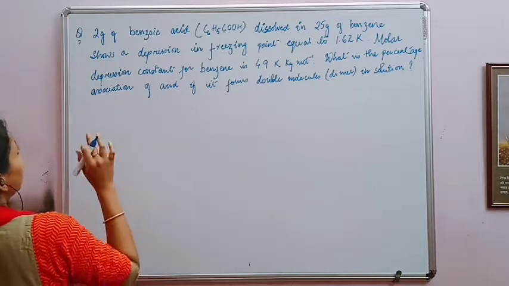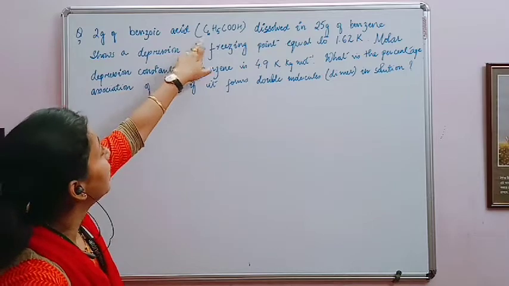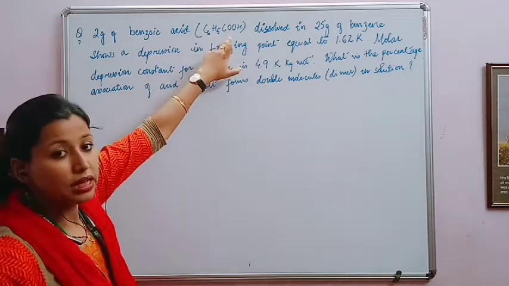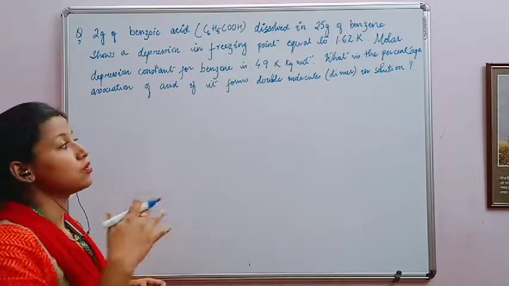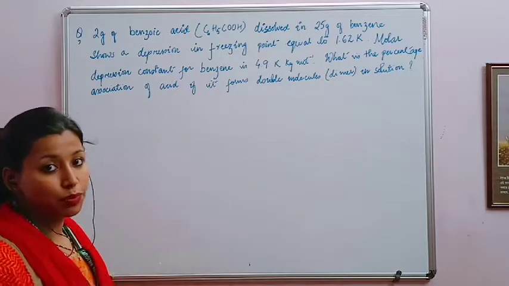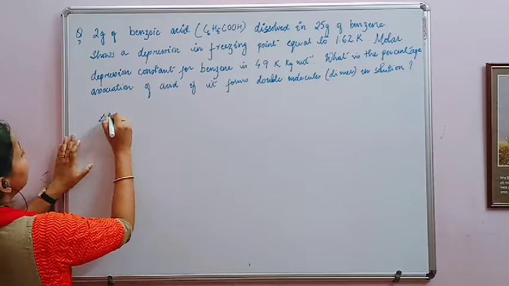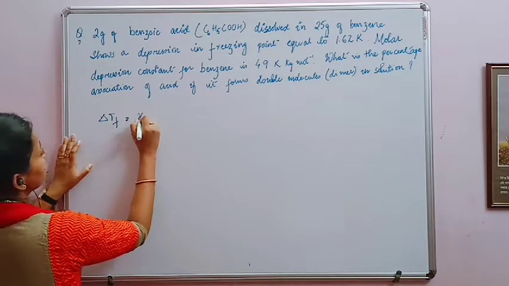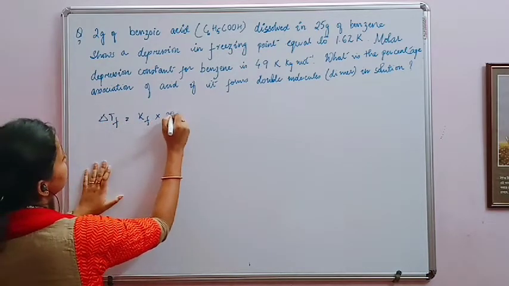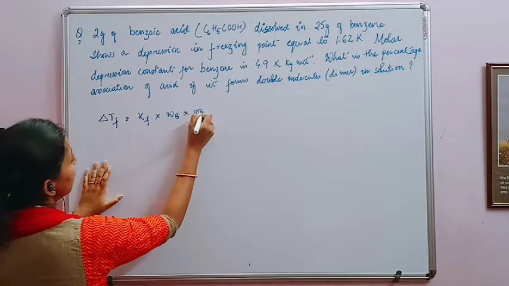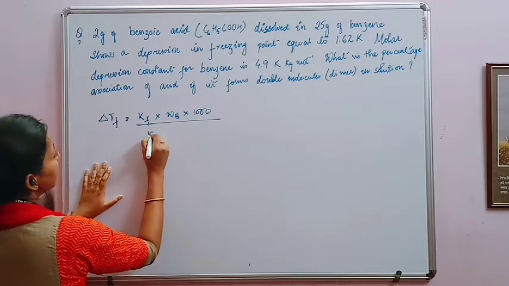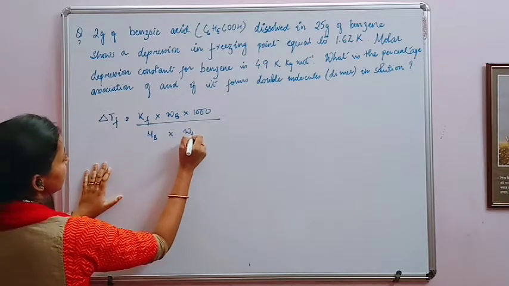Now, i is equal to normal molar mass by abnormal molar mass. So, depression in freezing point: delta Tf is equal to Kf into given mass into 1000 divided by molar mass into Wa.